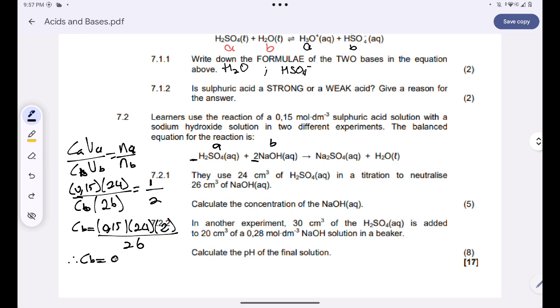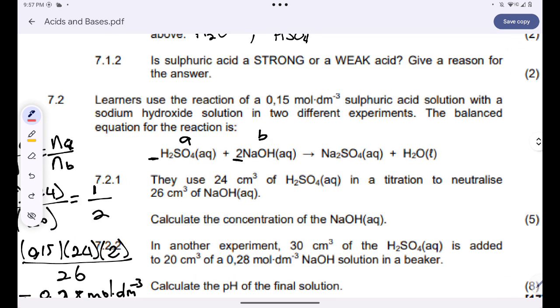I'll get 0.2769 etc., so I'll just round it off to 0.28 mole per cubic decimeter. So the concentration of my base is 0.28 mole per cubic decimeter.